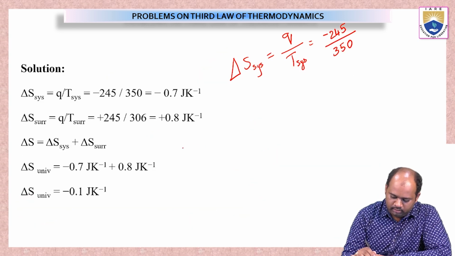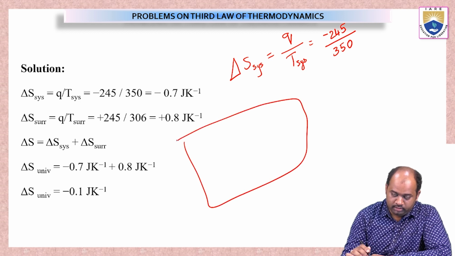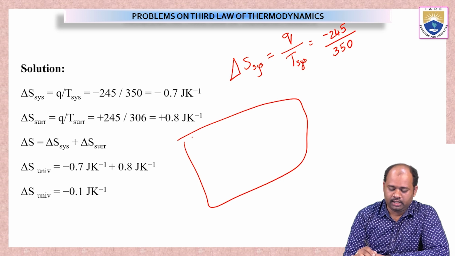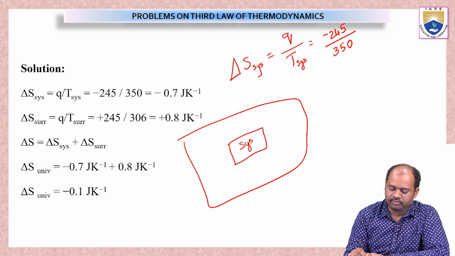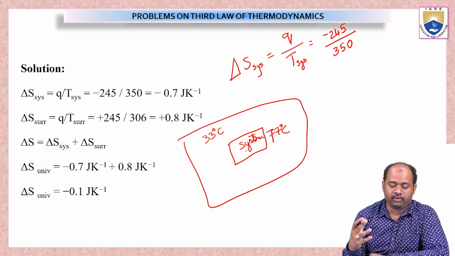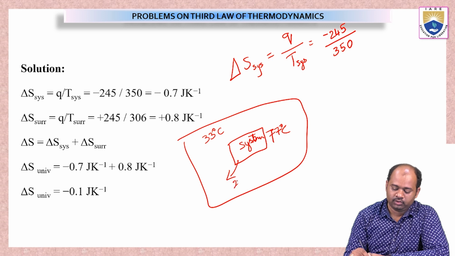See here, if I have a universe, in this I can consider a system. So this is the system. The system has a temperature of 77 degrees centigrade. The surroundings have a temperature of 33 degrees centigrade. And 245 joules of heat is taken out of the system.